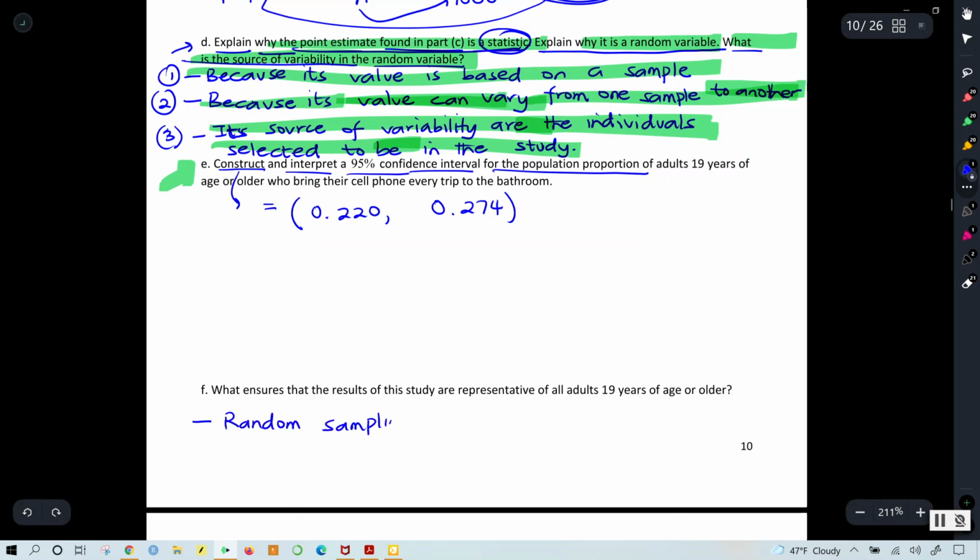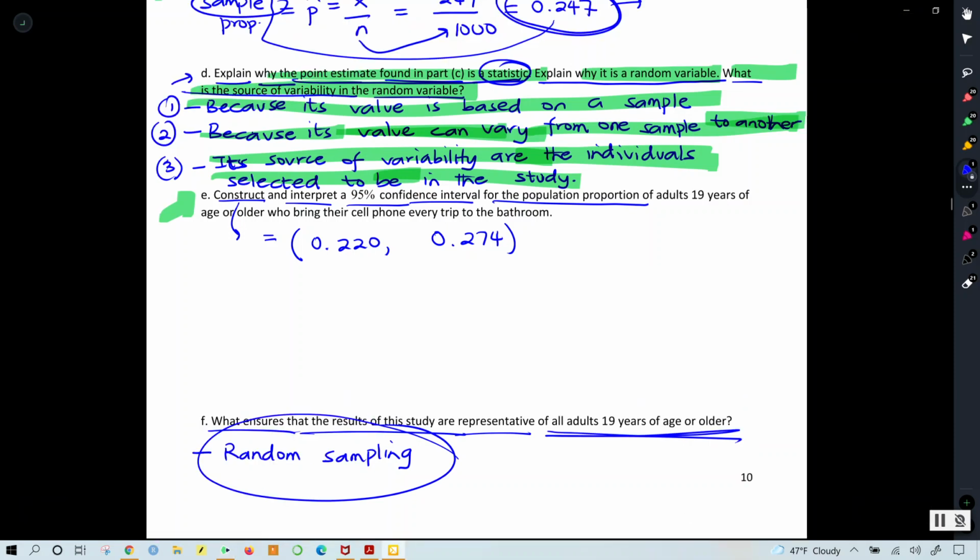If the sample selected from this population is done in such a manner that we can guarantee that the units are selected without bias, then we can be sure to a reasonable extent that the results of this study can generalize to the entire population of all adults 19 years of age or older. In particular, the answer, what ensures that the results of this study are representative? It is the random sampling process.